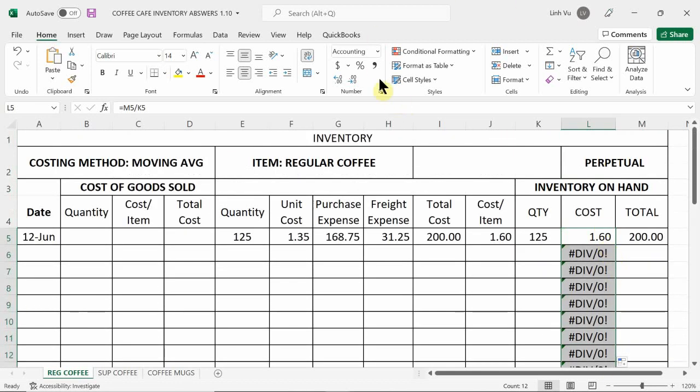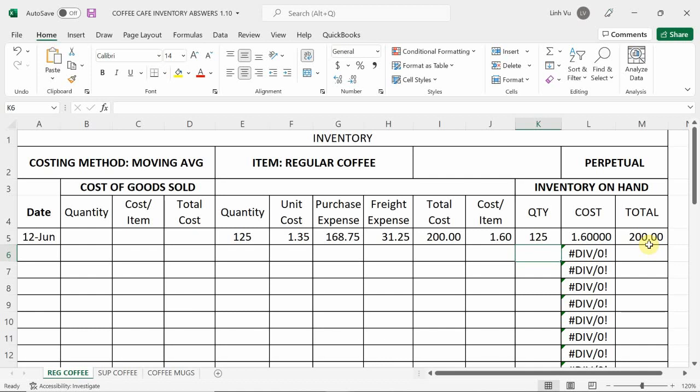And I want them to display at least a couple decimal places. So that's my first entry, saying I have 125 pounds of coffee at $1.60, which yields a total of $200.